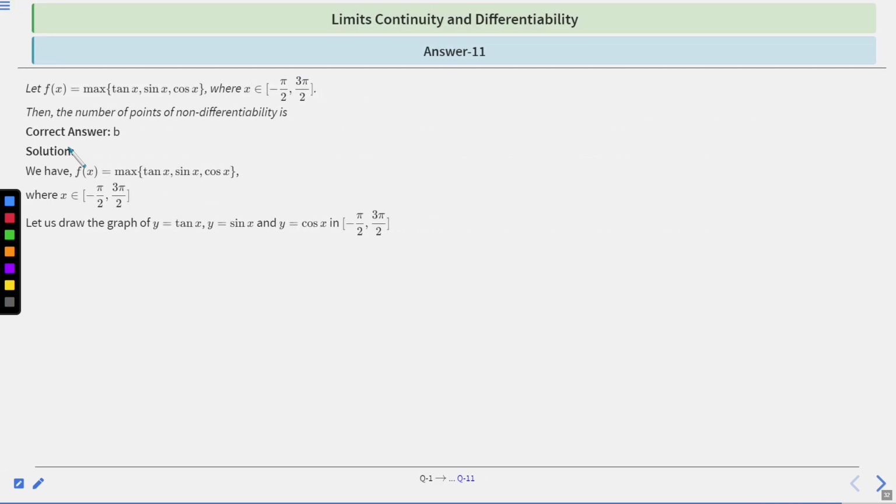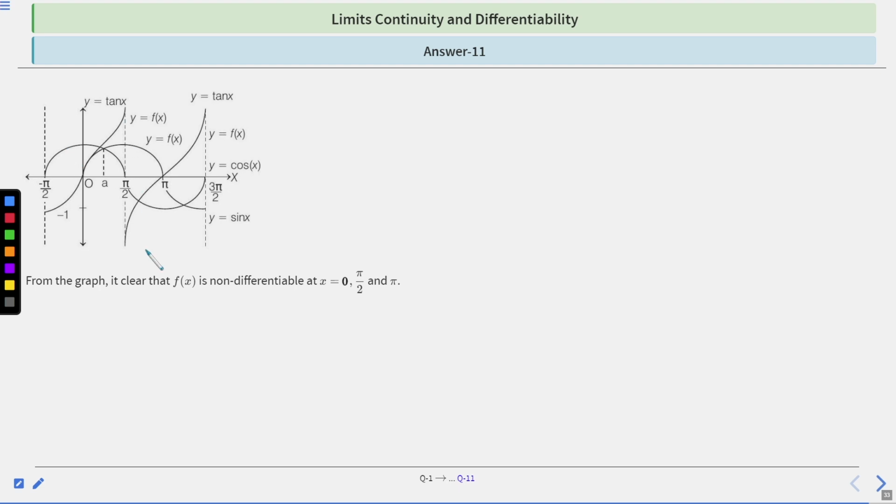Okay, so see, we have f(x) equal to the maximum of tan x, sin x, cos x, where x belongs to -π/2 to 3π/2. So let us draw the graph of y = tan x, sin x and cos x in -π/2 to 3π/2. So we have drawn the graph. From the graph, it is clear that f(x) is non-differentiable at x = 0, π/2 and π.